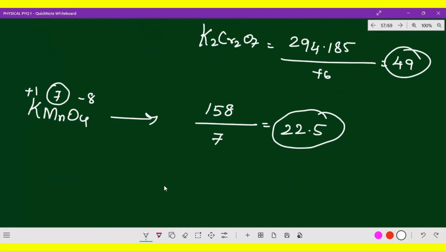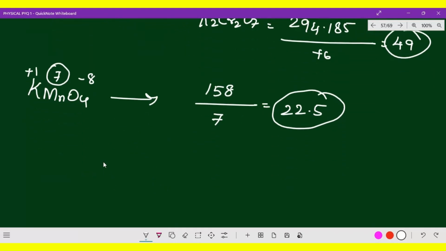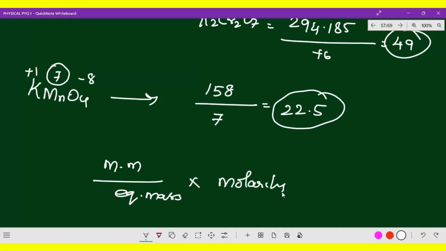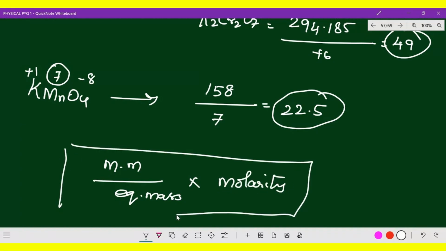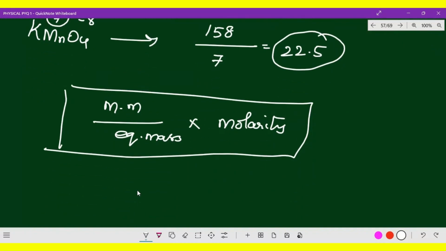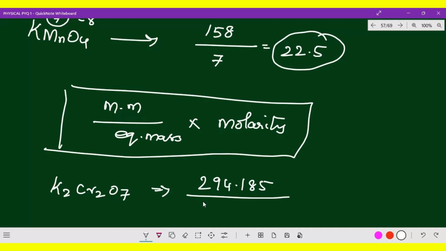Now, the formula we are going to apply to get the answer is molecular mass divided by equivalent mass, into molarity. The molecular mass of K2Cr2O7 is 294.185, divided by the equivalent mass 49, into its molarity 0.04.